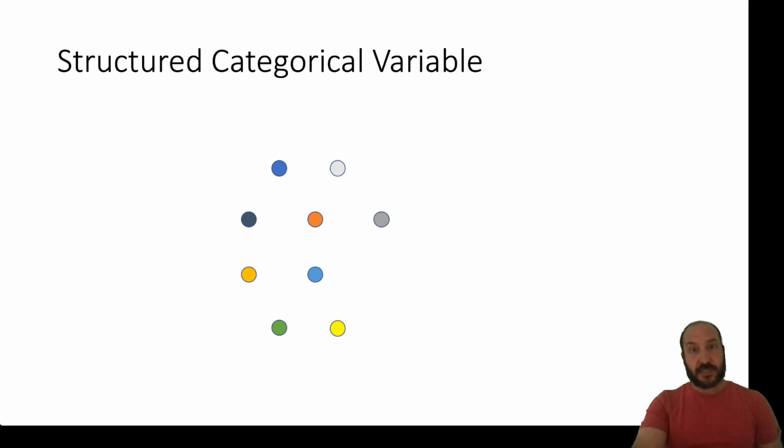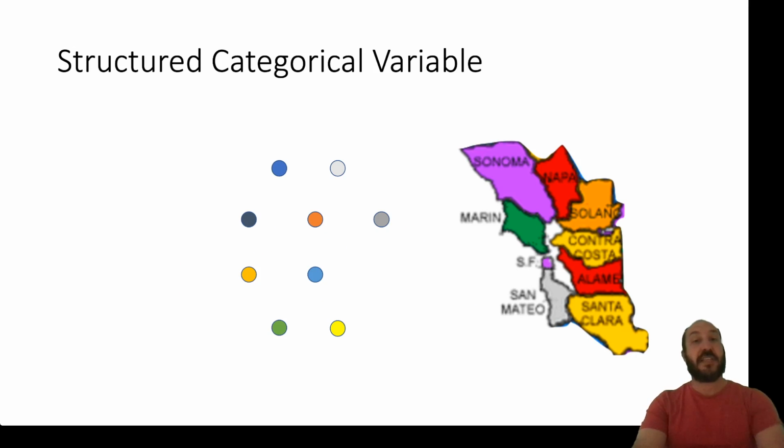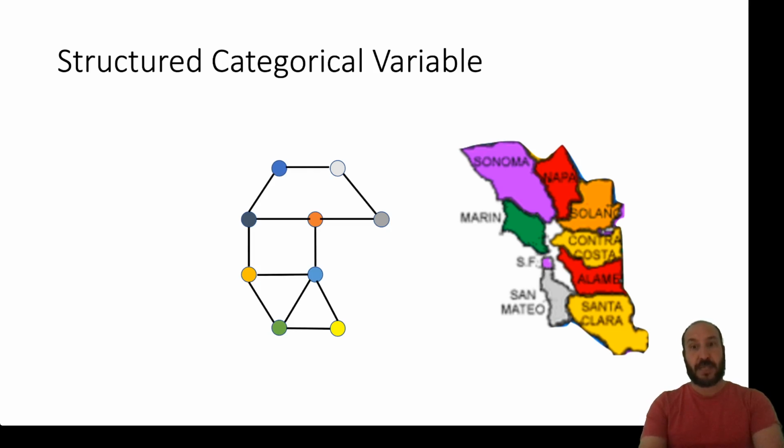What I'd like to introduce is a notion of a structured categorical variable. For example, if these 9 values actually represented 9 different counties in the Bay Area, there would be a natural structure based on which counties border which other counties. And this might be something we would like to exploit if we thought that regionality made a difference in our target variable.